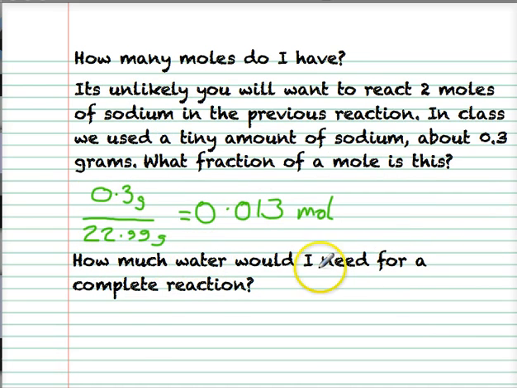So how much water would I need for a complete reaction? 0.013 mole of water. But how much water is that? All I need to do is multiply this number by the molar mass of water, and I have my answer. So I'm going to multiply that by 18.02, which is the mass of 1 mole of water.